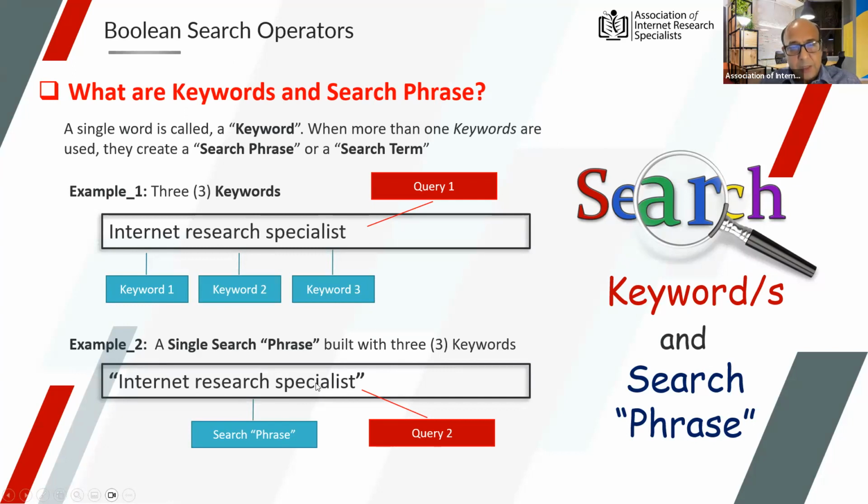So it is more controlled, and it is used to build a search phrase or put the words together as a sequential set of words that has a meaning, which needs to be forced for the search to find exactly as it is, as if it is a mirror image of it. So this is the example of putting three together to make sure we get these three coming back to us, as you can see in your search box.